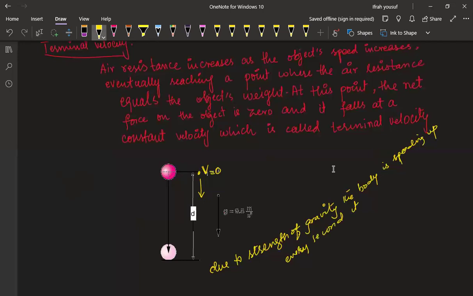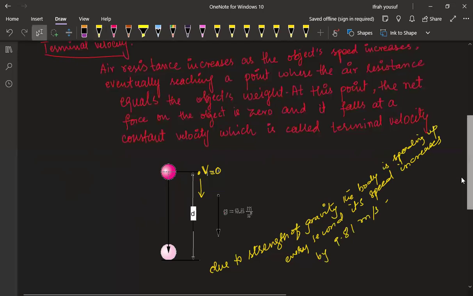Every second its speed increases by 9.81 meters per second. So this is a constant value.